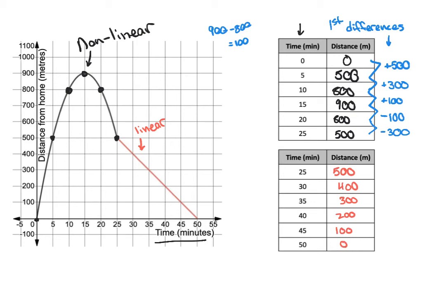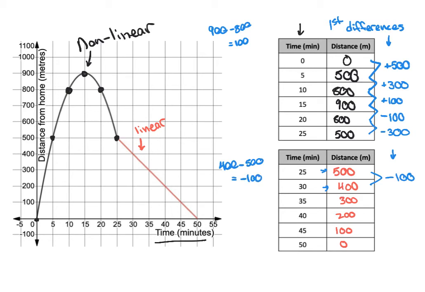And so what I want to do is also find the first differences here. And let's take a look at that. So from 500 to 400, it looks like we are going down, and we've gone down by 100. And again, if you're unsure, you could subtract them. Just take the second one and subtract the first one. So if I do 400 minus 500, that's going to give me negative 100.